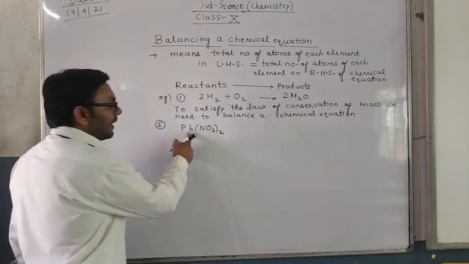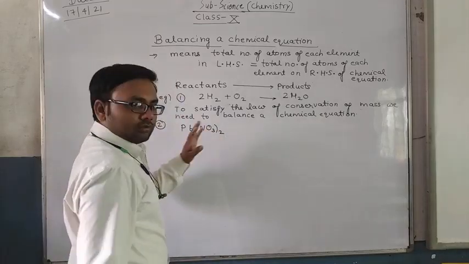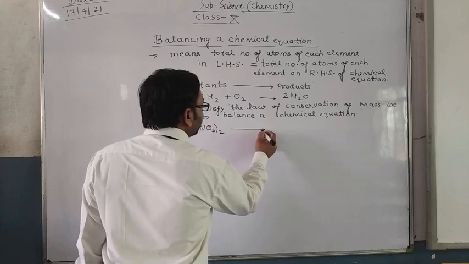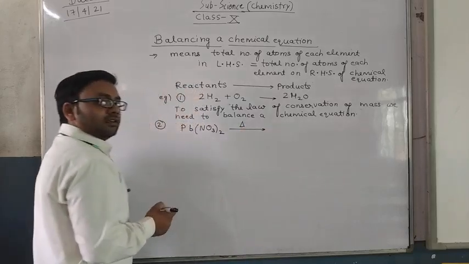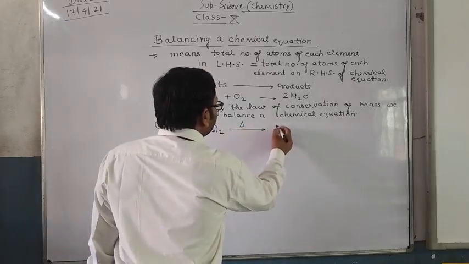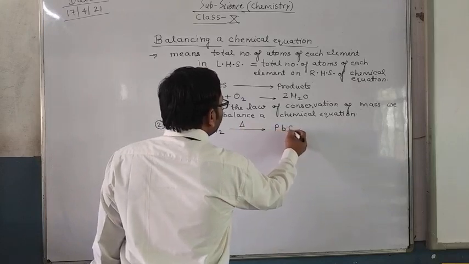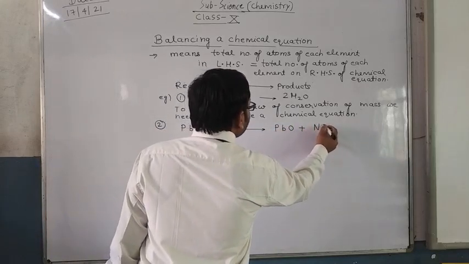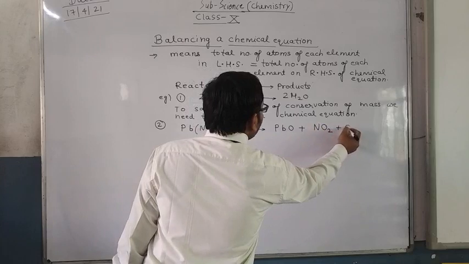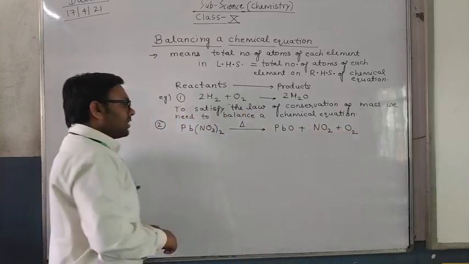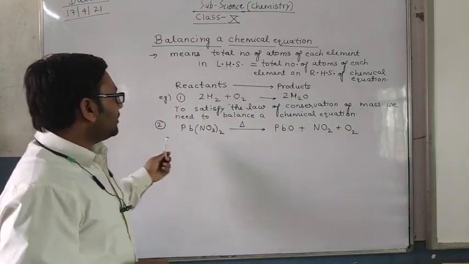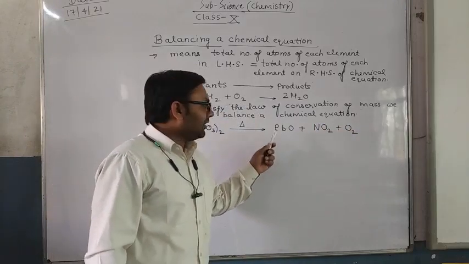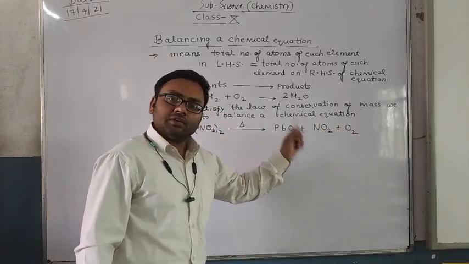It is just heated, and after heating, suppose we get some products. The products are PbO plus nitrogen dioxide plus oxygen. We have to check whether this equation is balanced or not, and if it is not balanced, then we have to balance this equation.